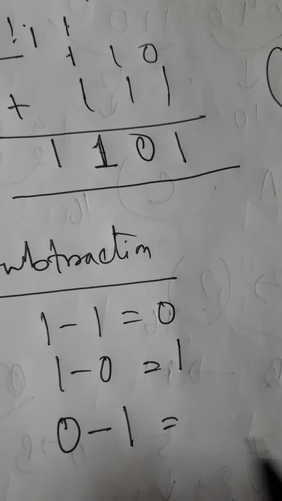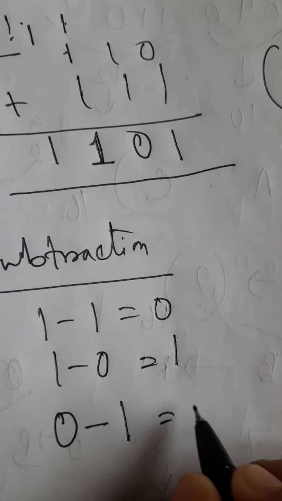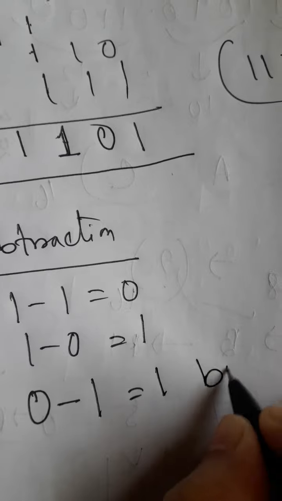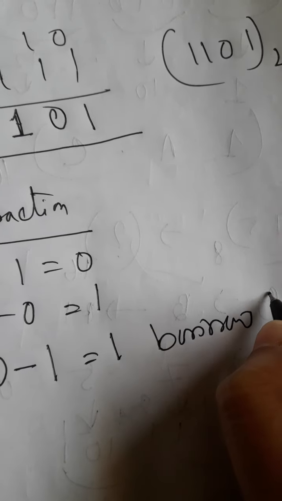So the output of 0 minus 1 will be 1 as the answer and the borrow bit will be 1.